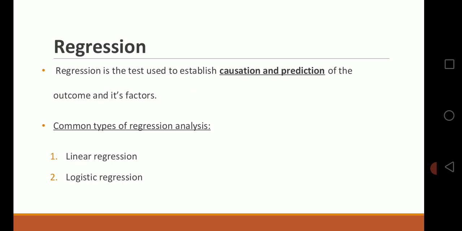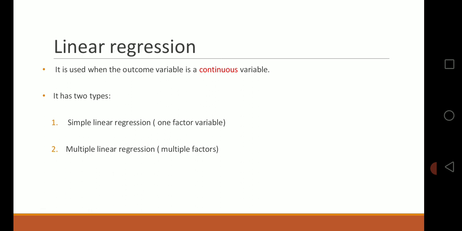If there is only one factor that we want to see its effect on the outcome variable, we say that this is a simple linear regression, because there is one factor or one predictor. Okay, if it's more than one factor, meaning multiple factors affecting an outcome variable, we say that it's a multiple linear regression test.